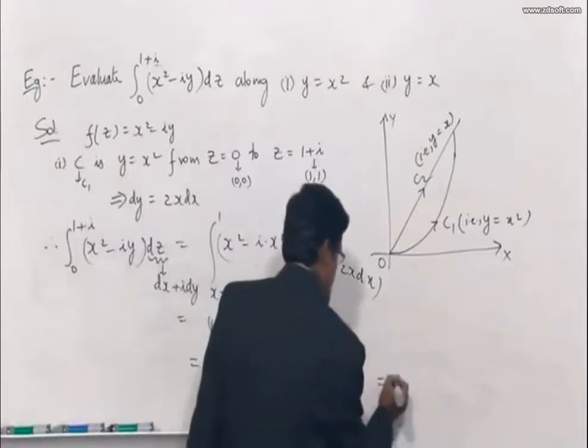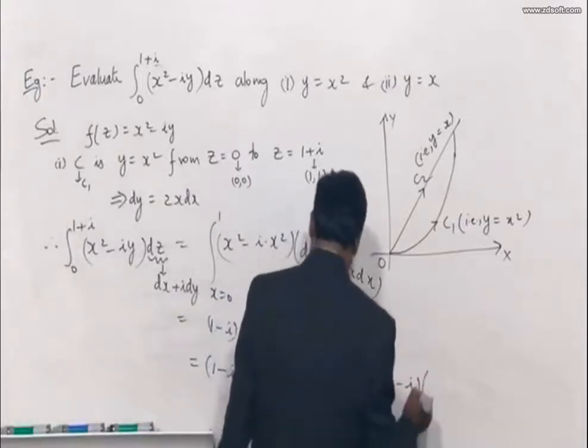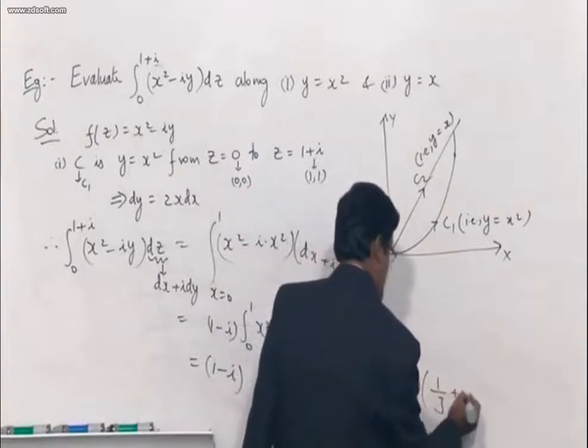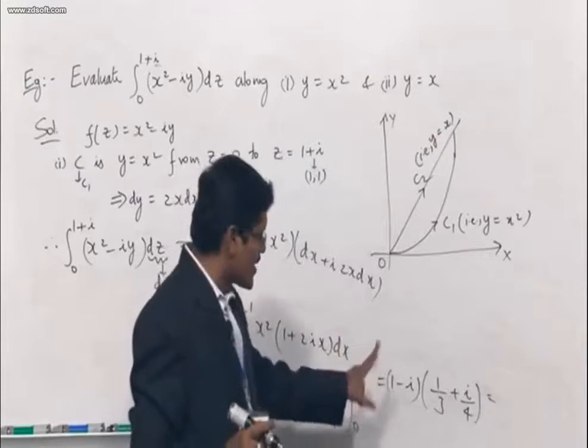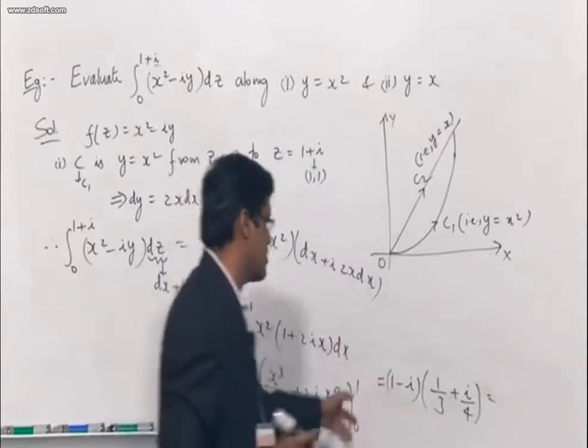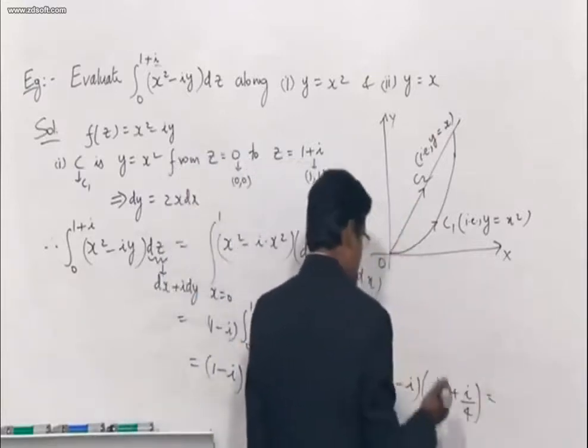So this is equal to 1 over 3 plus i by 4 times 1 minus i. Multiplication of two complex numbers gives two real terms not containing i, two imaginary terms containing i, and then simplify.